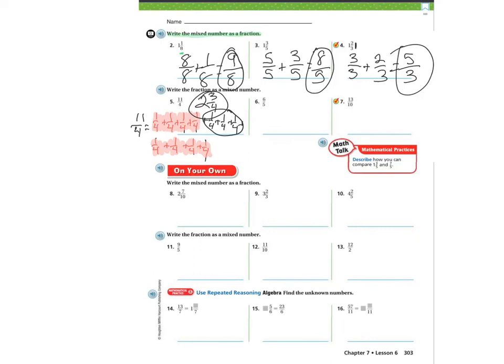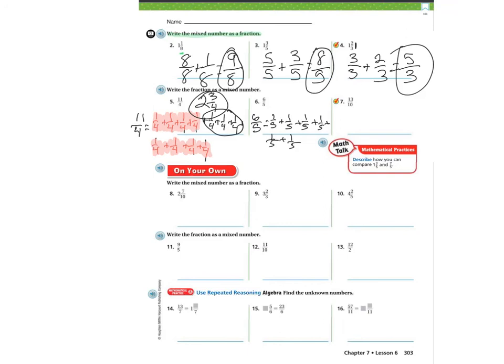All right. And let's figure out 6/5. And what I like to say is you're just going to decompose or decompile the fractions. 1/5 plus 1/5 plus 1/5 plus 1/5 plus 1/5 plus 1/5. That should take me to 6. 1, 2, 3, 4, 5, 6. Good.